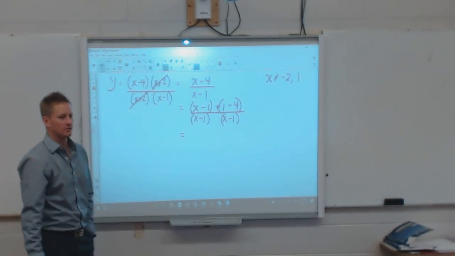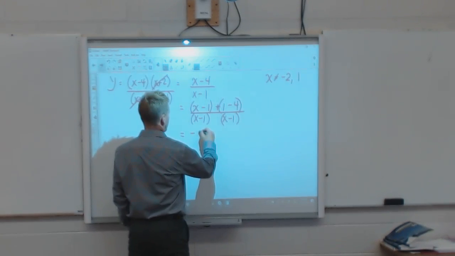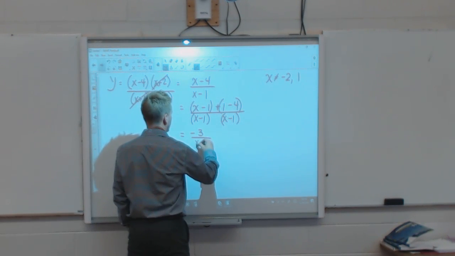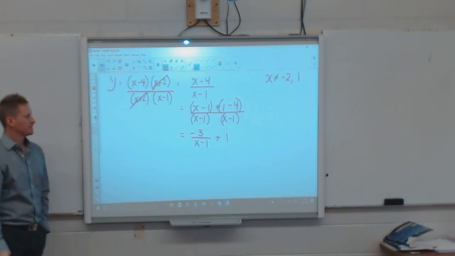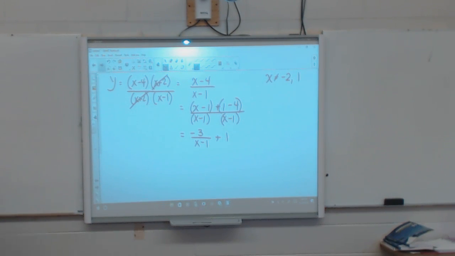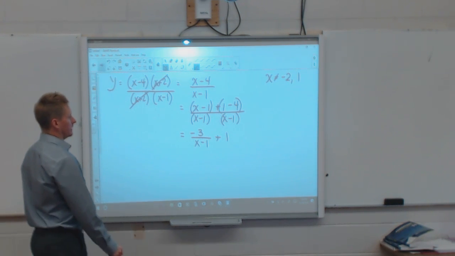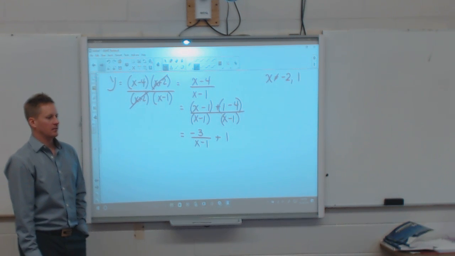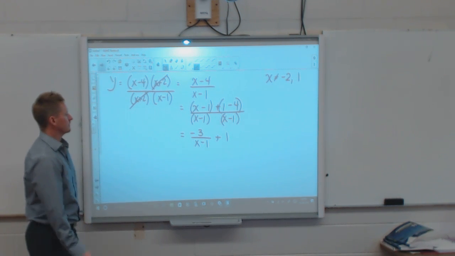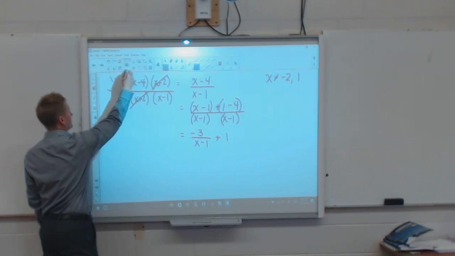Equals negative 3 over x minus 1 add 1. So now I have asymptotes, and I have a point of discontinuity. So now I want to graph that.